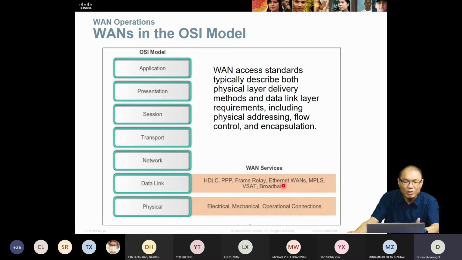We will cover one of these protocols in detail. In the next lesson on Thursday, we will cover point-to-point protocol, one of the protocols that is being used in a wide area network. There are so many of them, and we will not be covering every one of them. We'll be covering point-to-point protocol as a representative of the wide area network protocols.